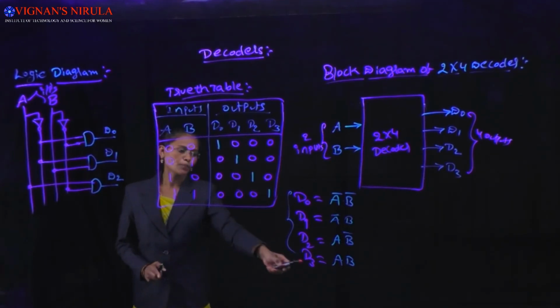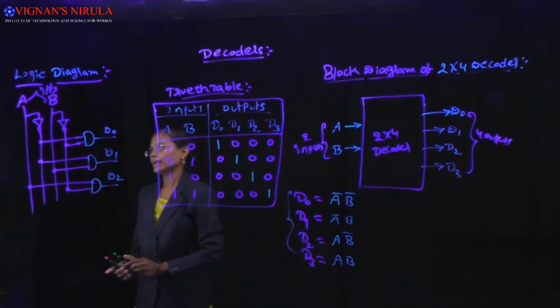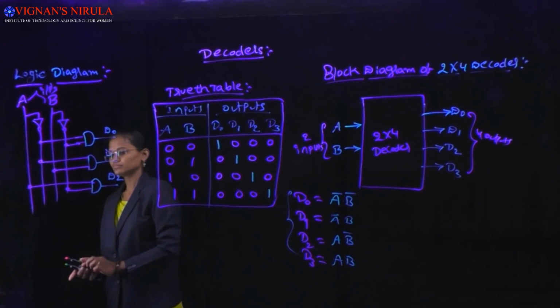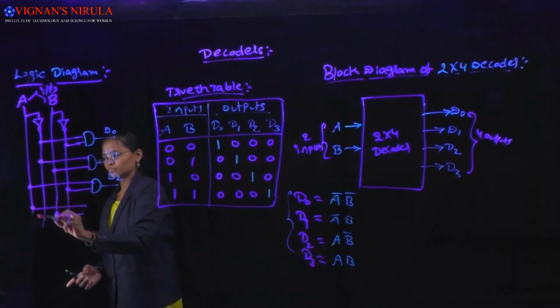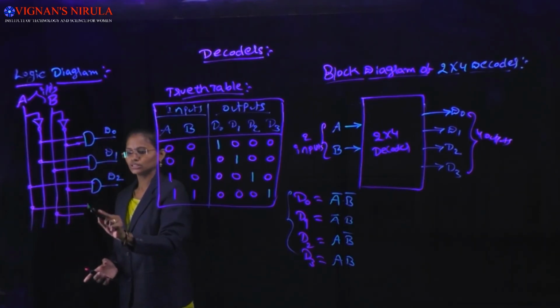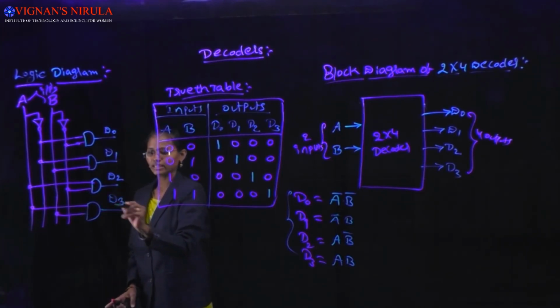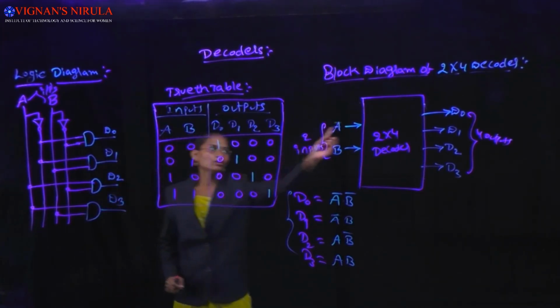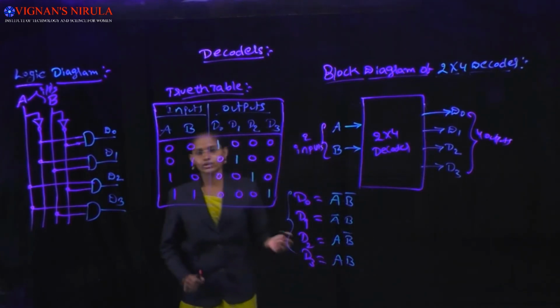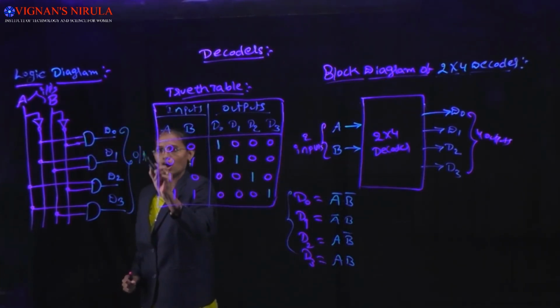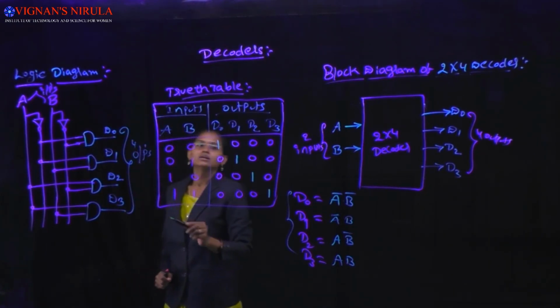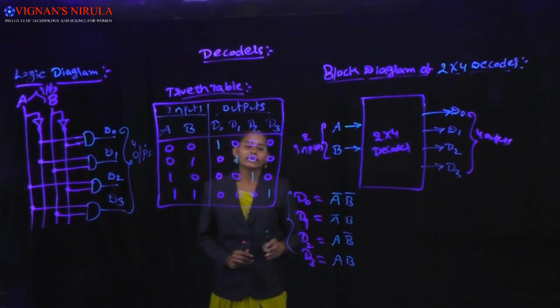Next, the output D3 is A B. This is also an AND gate, and this is the D3 output. Here we are using the 2 to 4 decoder: 2 inputs produce 4 outputs. This is the overall explanation about decoders.